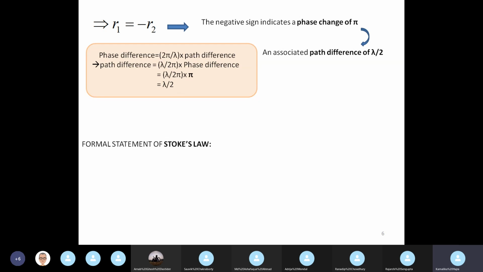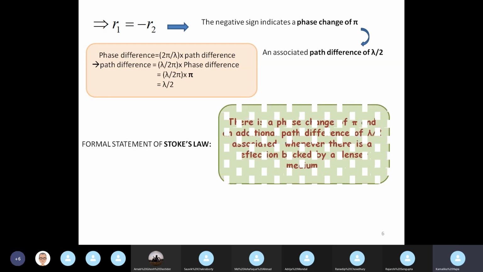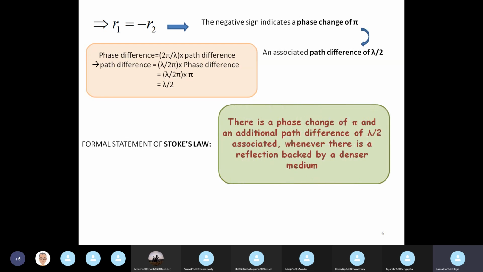Basically, this is what Stoke's law tells us. So what is the formal statement of Stoke's law? There is a phase change of pi and therefore an additional path difference of lambda by 2 associated whenever there is a reflection backed by a denser medium. Okay.